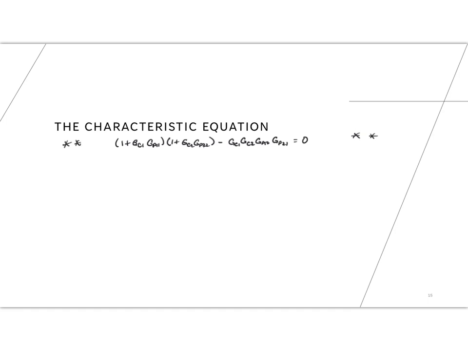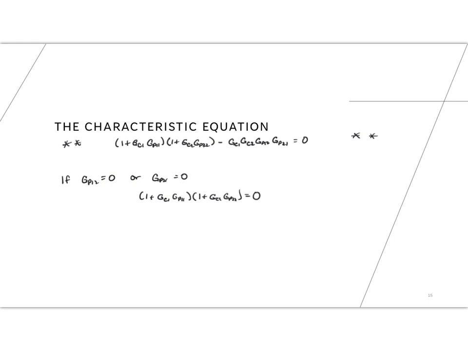Now, if I happen to have either GP12 equal to 0 or GP21 equal to 0, what happens? I end up with just 1 plus GC1 GP11 times 1 plus GC2 GP22 minus 0 equal to 0.